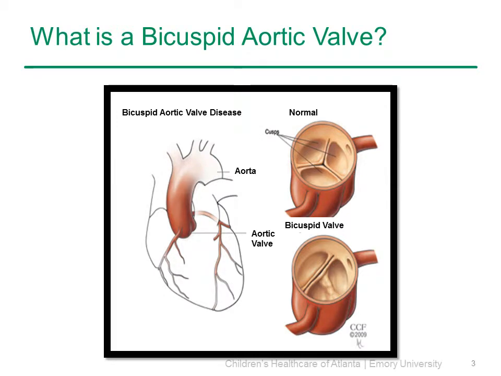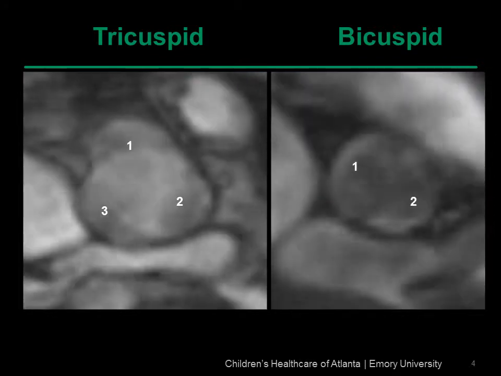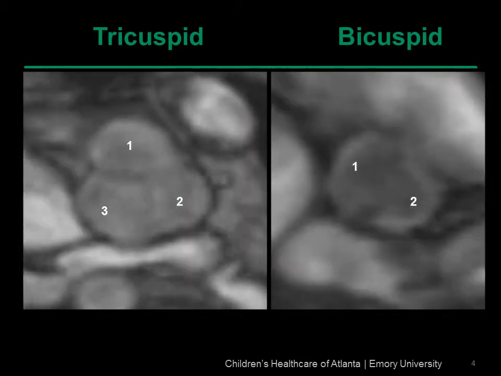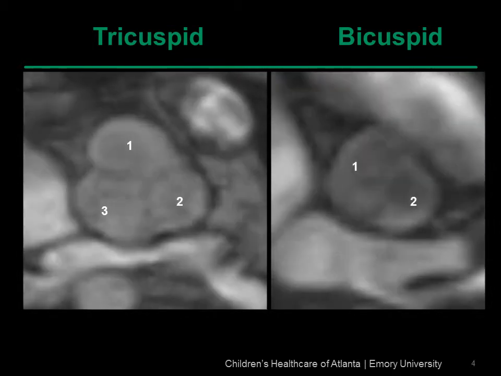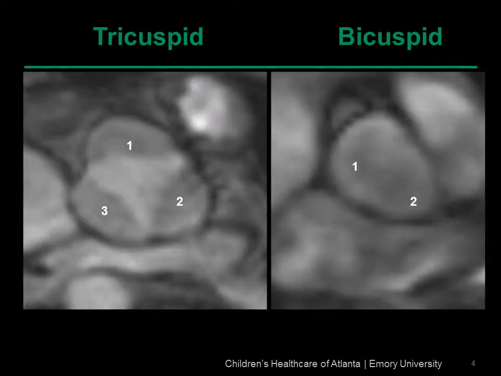Simply put, a bicuspid aortic valve is an aortic valve that has two instead of three leaflets, and there can be fusion of any two of the three leaflets. As you can see, on the right-hand portion of your screen is an MRI picture of a bicuspid aortic valve, and on the left is a tricuspid aortic valve.